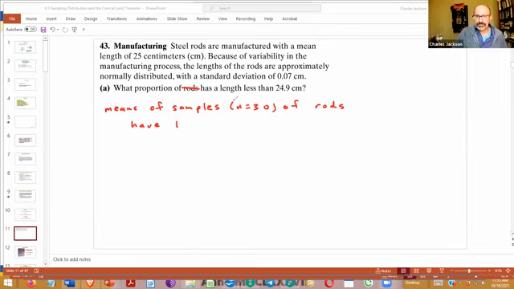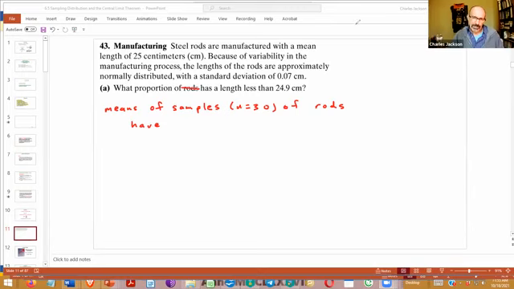So the new question is, what proportion of means of samples of rods have length less than 24.9?